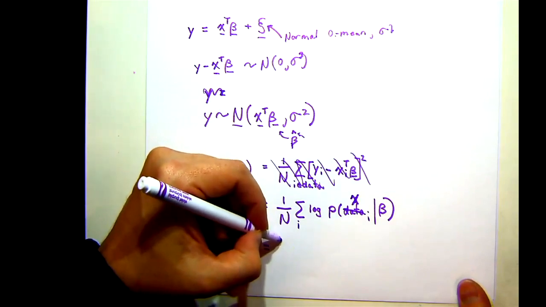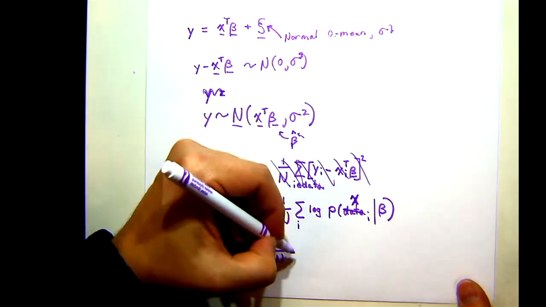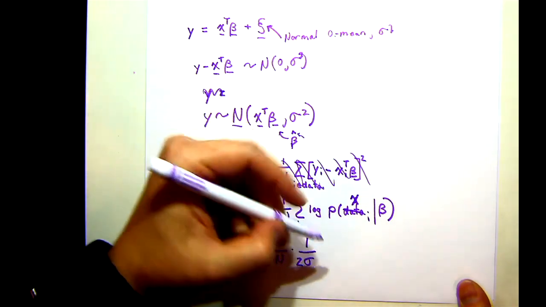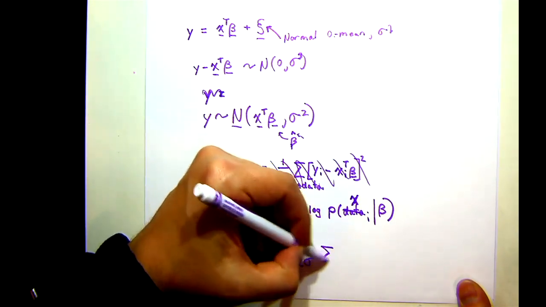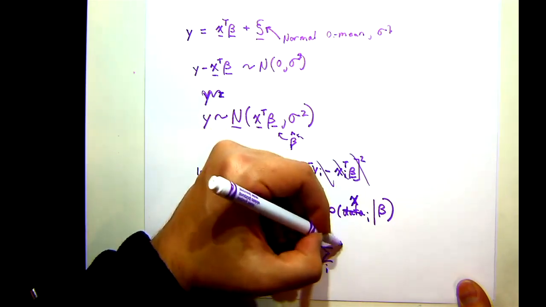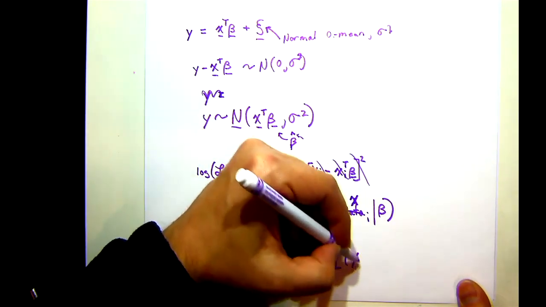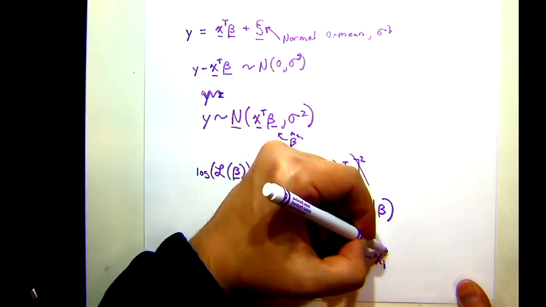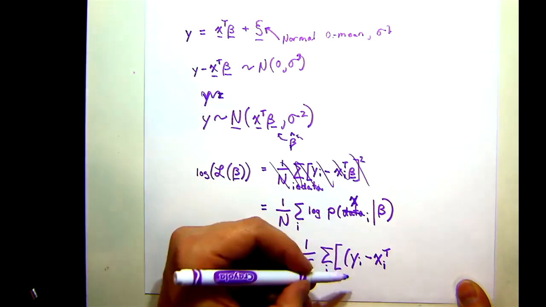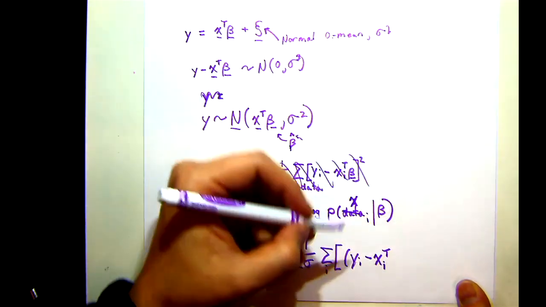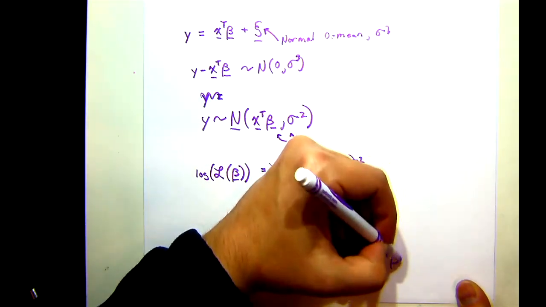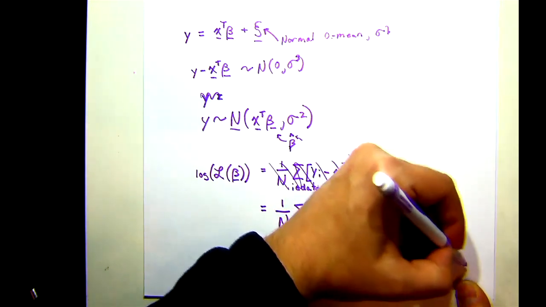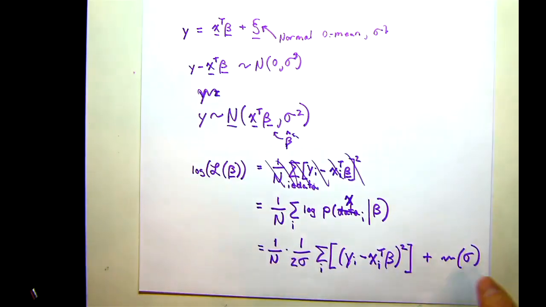So this is 1 over n times 1 over 2 sigma times the summation over i of the square of the difference between the label, the yi, and our prediction, squared, plus some stuff that depends on sigma.